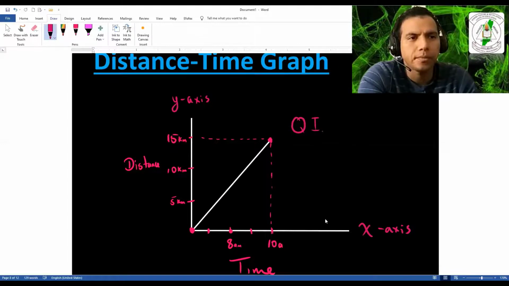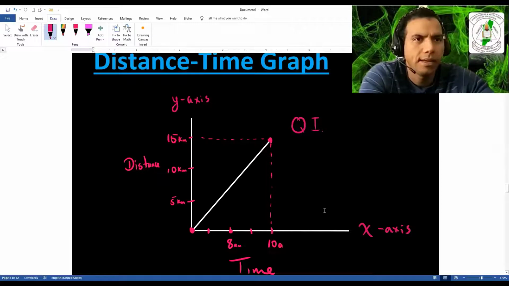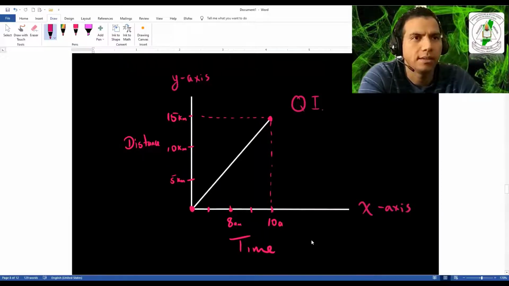Now the distance is on the y-axis and the time is on the x-axis. So, distance time graph. As the object is moving, we notice that it's covering a certain distance and time is elapsing.